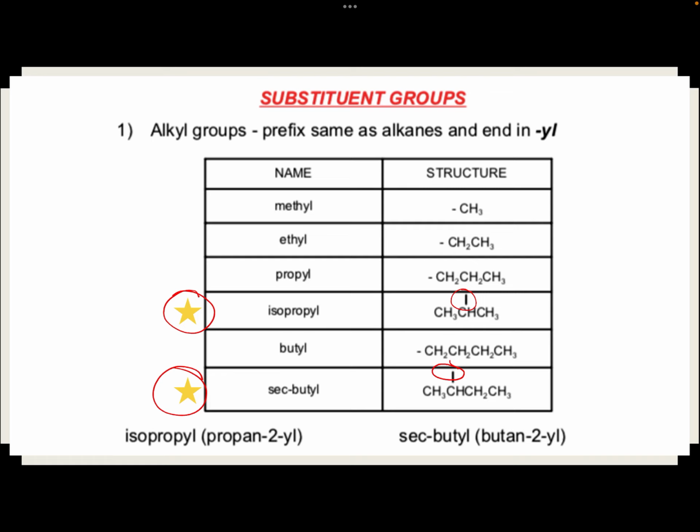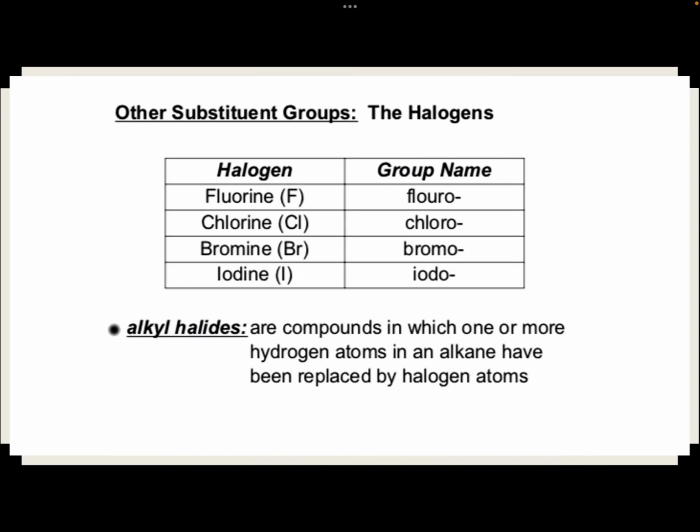The reason for that is that we can have isopropyl as propan-2-yl, or we can have sec-butyl as butan-2-yl because of how we have that extra bond at the top here. So these are different examples of substituent groups.